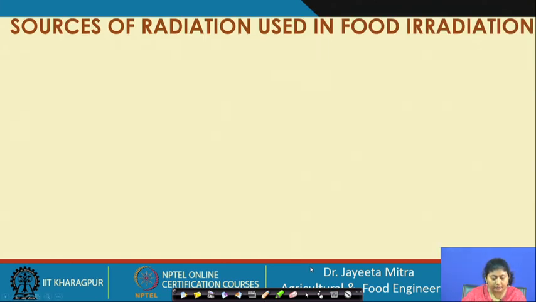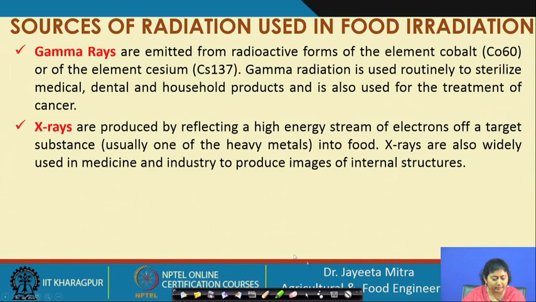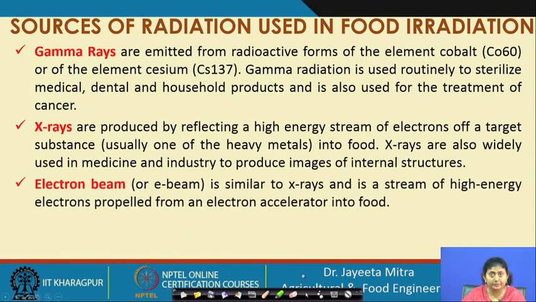Now, next is sources of radiation used in food irradiation. We have mentioned that gamma ray, X-ray and electron beam are the sources of radiation.